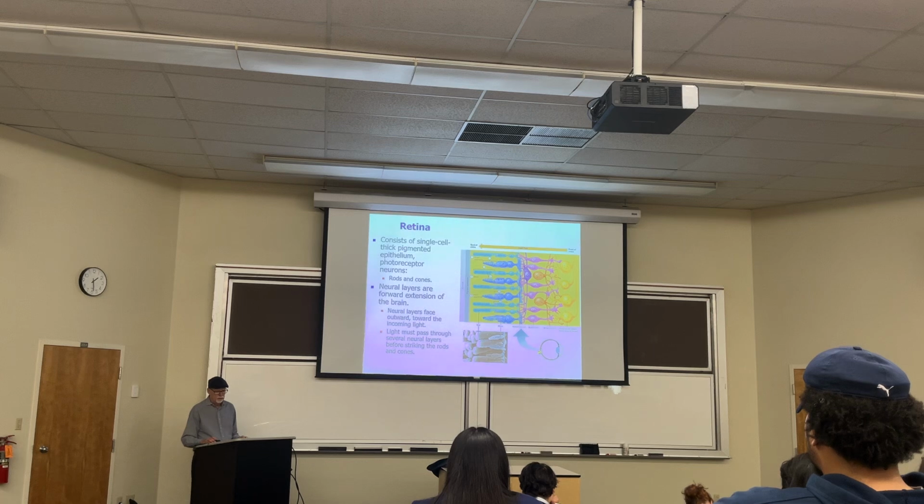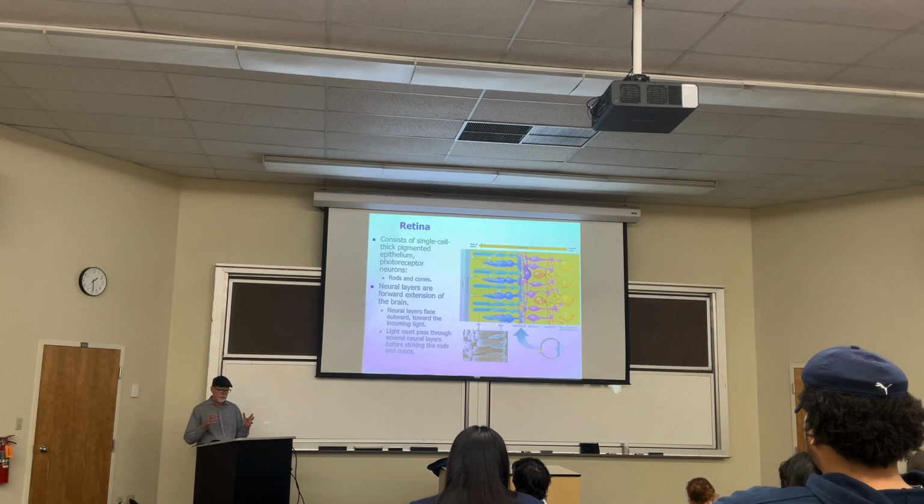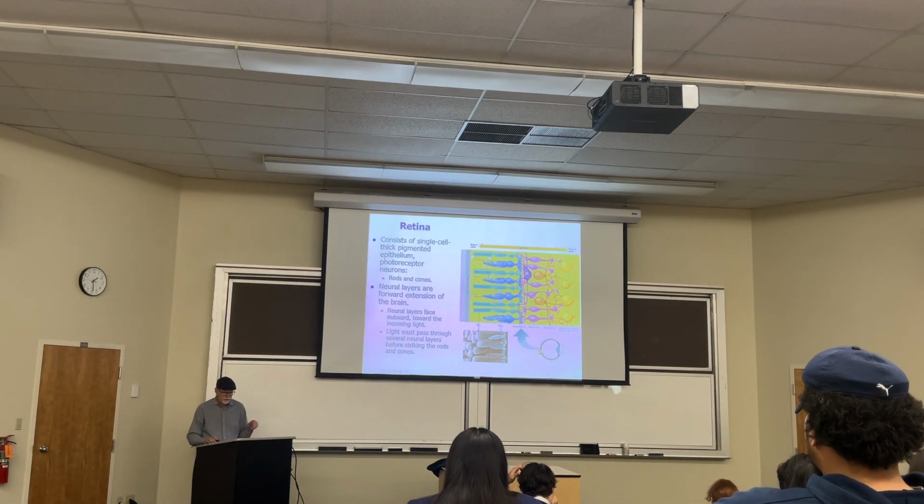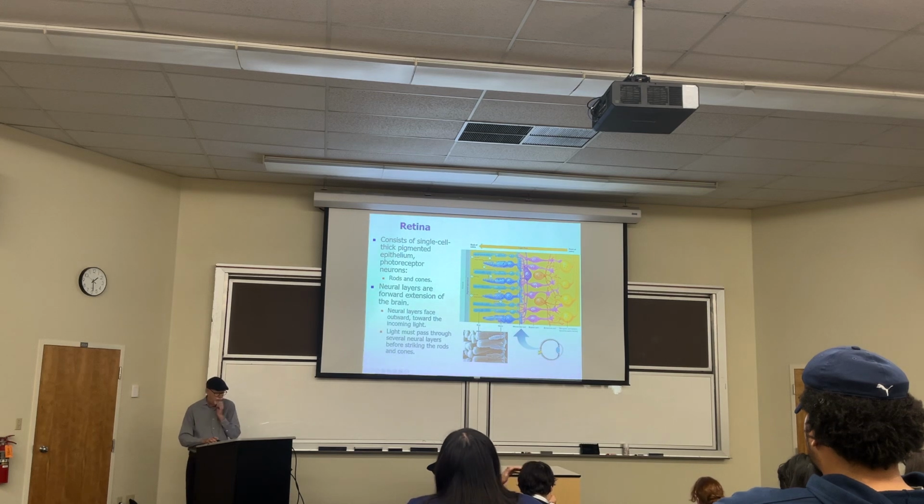We have a couple of other types of cells in the retina. We have some horizontal cells and amacrine cells. We're not really going to talk about those much, other than to say that they help with some integration of the signal, but they're not in the direct signal pathway. So we're going to focus mostly on the direct signal pathway.